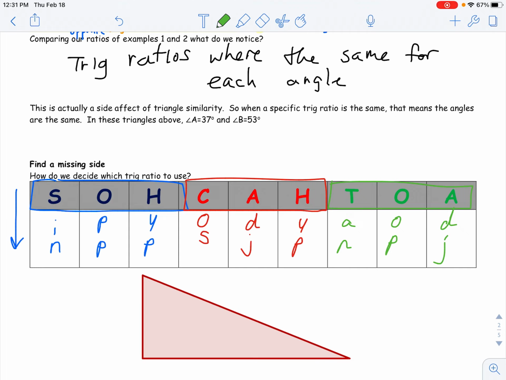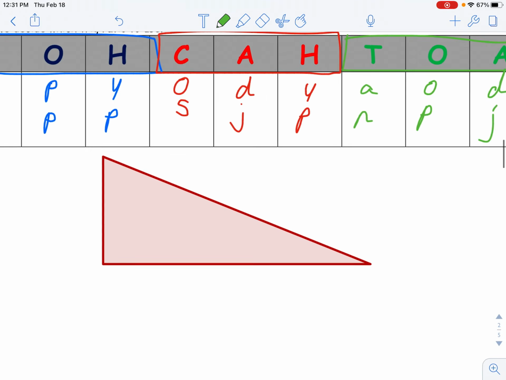SOHCAHTOA, this is a word I made up to help students remember which sides to use for which trig function, sine, cosine, and tangent. Sine is opposite over hypotenuse, cosine is adjacent over hypotenuse, tangent is opposite over adjacent. SOHCAHTOA, I made it up.